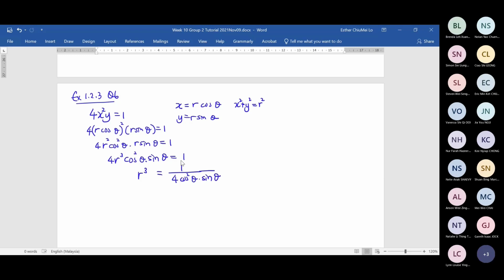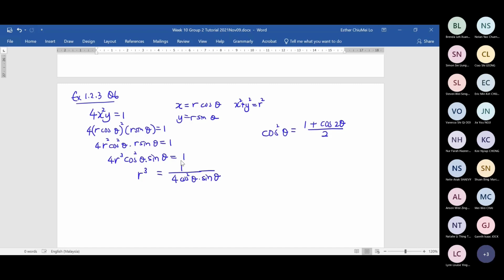Now we can change as well here, right? You can refer to the identity. In fact, we can change the double angle here. If you refer to the trigonometric identity, your cos squared theta is 1 plus cos 2 theta over 2, right?